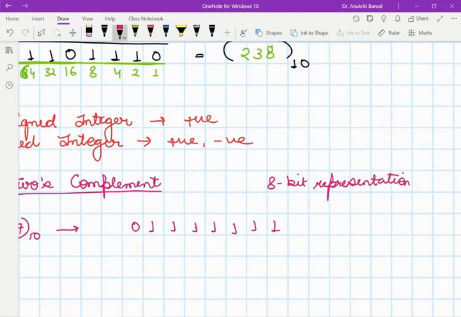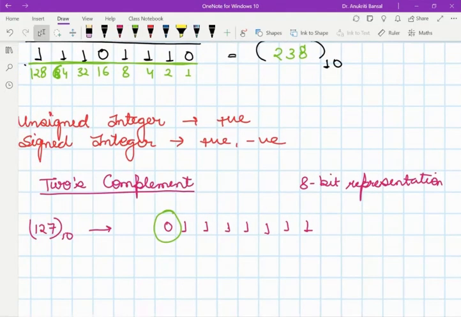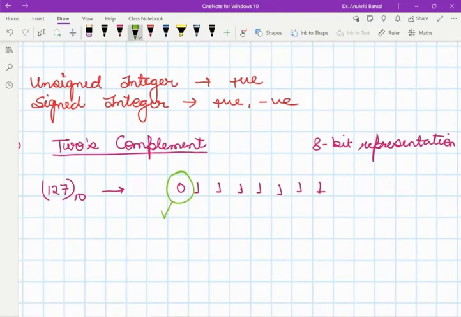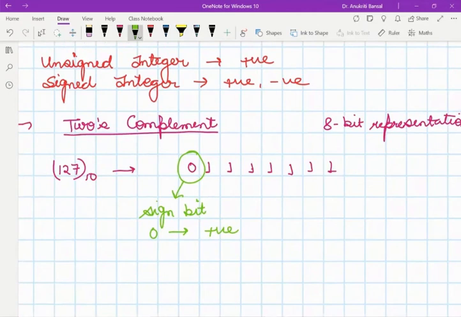Now, in this 2's complement, this most significant bit, the bit which has highest positional weight, is called as sign bit. Okay. If the value of this sign bit is 0, it represents positive number.